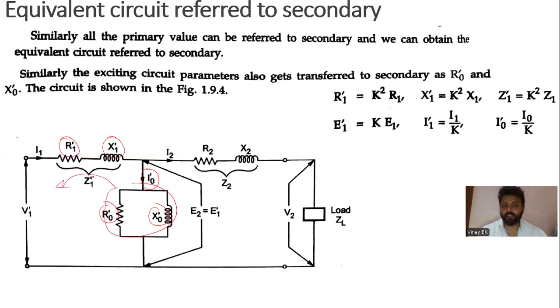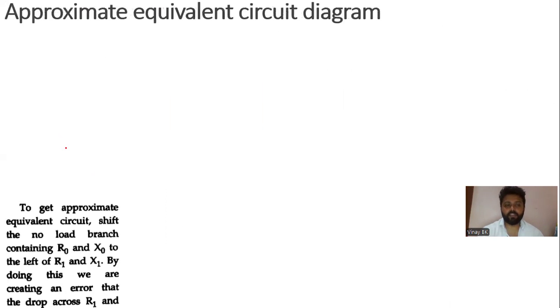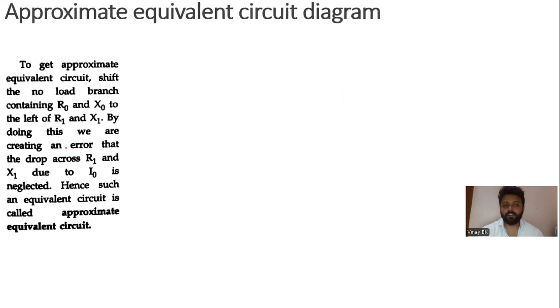By doing this, we are creating an error: the drop across R1 and X1 due to I0 is neglected. That error, the no load drop, will be neglected. Hence, such an equivalent circuit we call the approximate equivalent circuit.